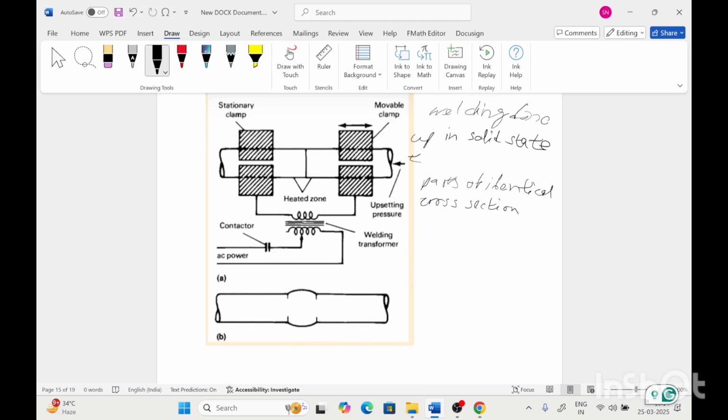So this upset welding is ideal for welding of small wires, tubing, piping, rings, and strips.